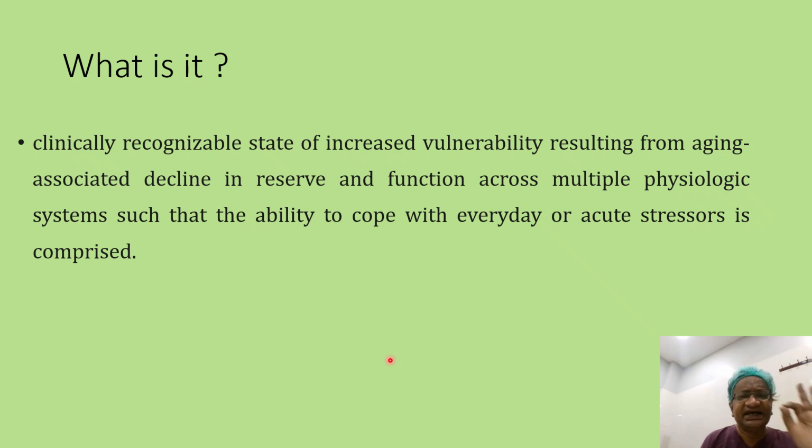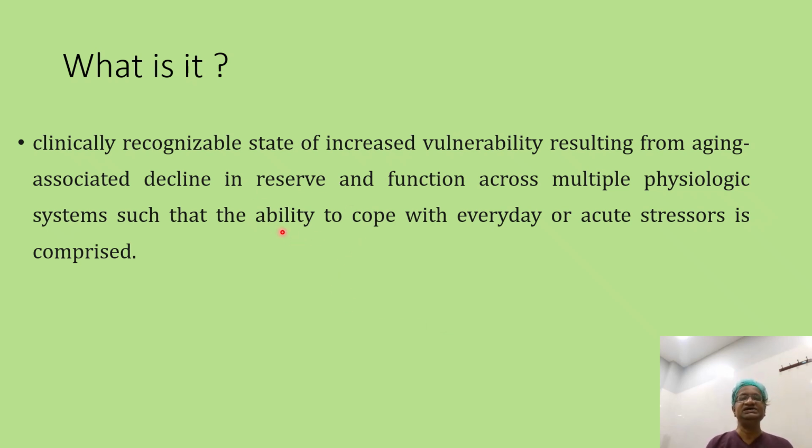Frailty is a clinically recognizable state of increased vulnerability. Why are they increasingly vulnerable? Aging associated decline in reserve and function is one of the main reasons. And what is this vulnerability?